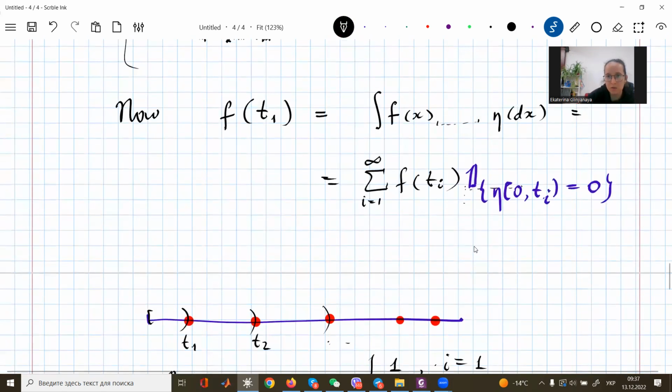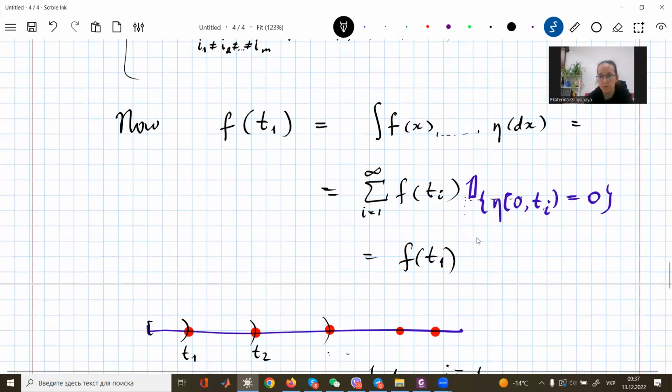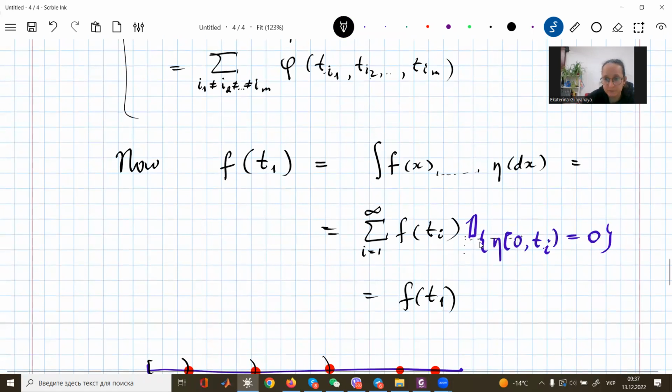So in this sum, we indeed have only one value t1. So I add it here: the indicator that the value of eta on the interval 0 to x is equal to 0.